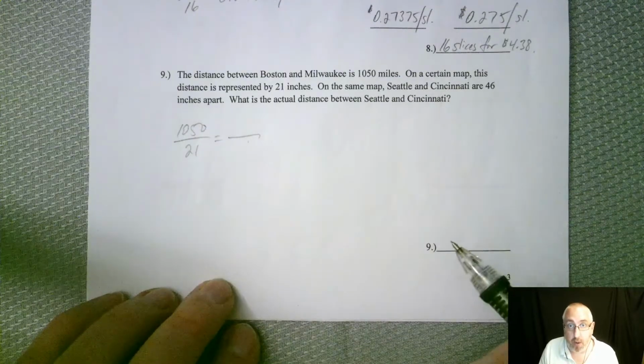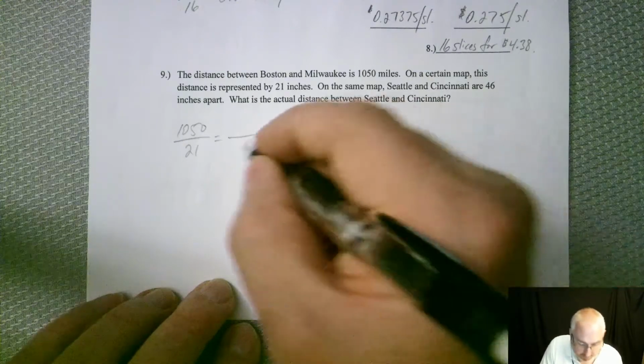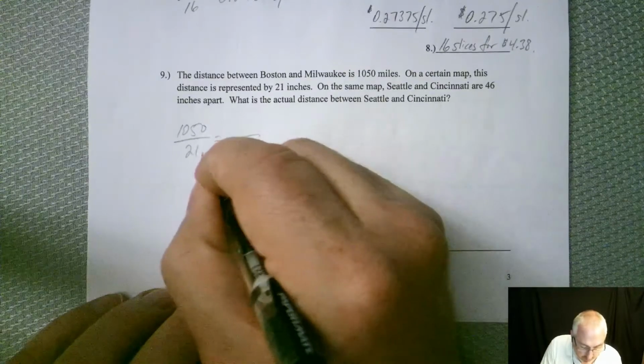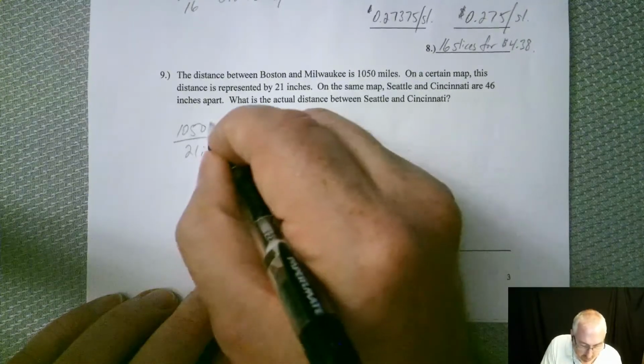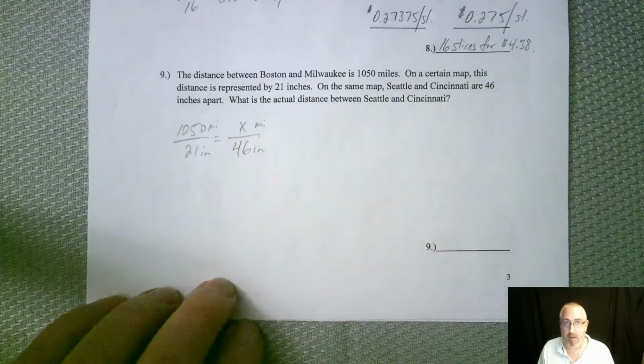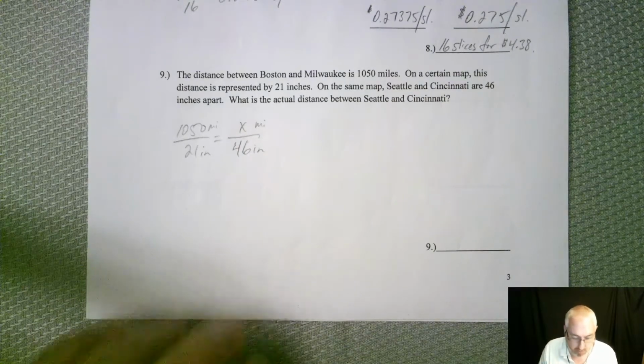So where should that go? On the top or the bottom? It's going to have to go on the bottom, right? Because we got inches over here, we got inches here, we got miles here, and we got an unknown amount of miles there. So remember, those units are really going to be beneficial to helping you set up that proportion correctly. So just be careful.